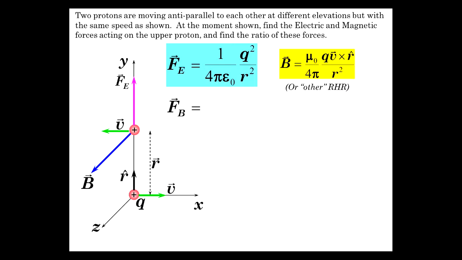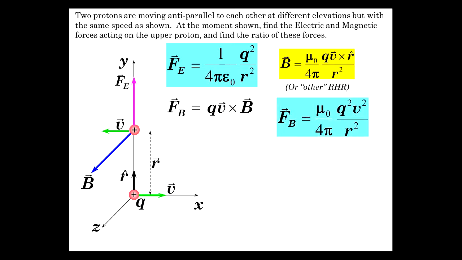Now, the force on the upper charge from the bottom moving charge is qv cross B. And the only reason there's a force is because there is a B field from this charge at this location, and this one is moving. So qv cross B, that's the B field times qv.